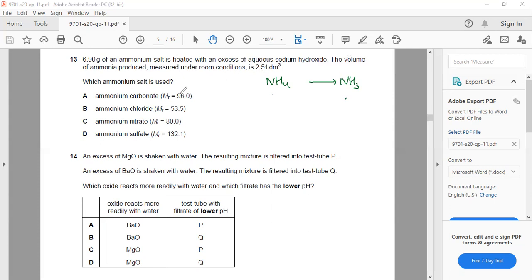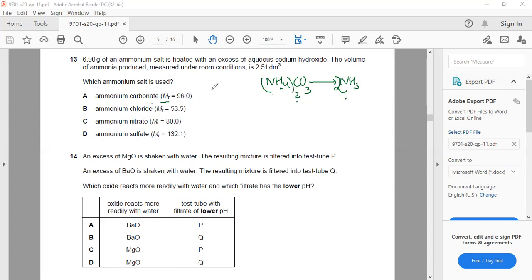Okay, room temperature. This is ammonium carbonate, and the formula is this, so obviously it will form 2 moles of ammonia. I suggest to my students that they first calculate the formula mass of ammonium carbonate, because it will come in all these options. How to save your time? 14 plus 4 is 18, 18 times 2.